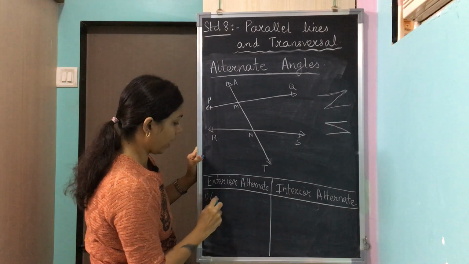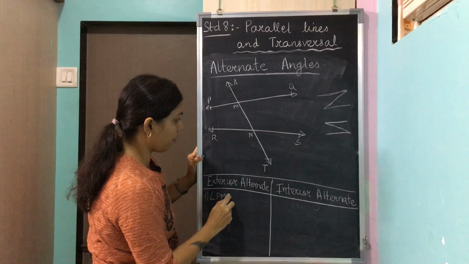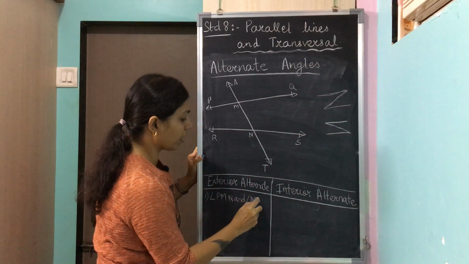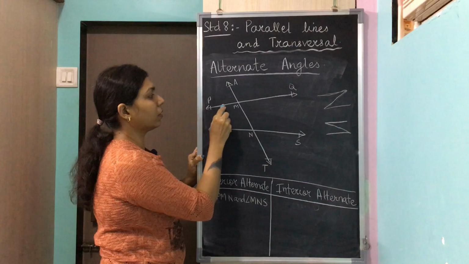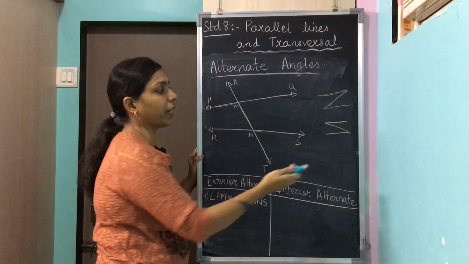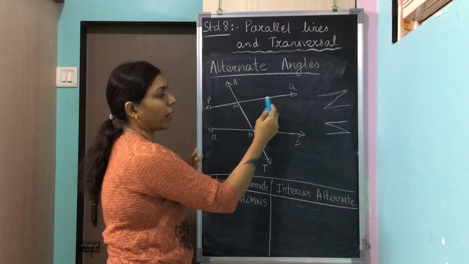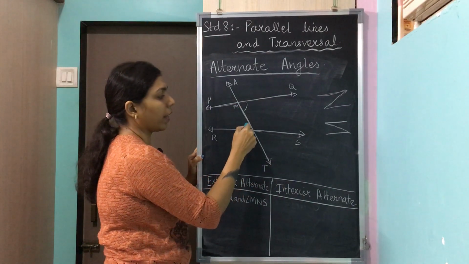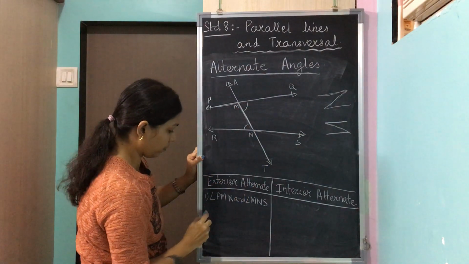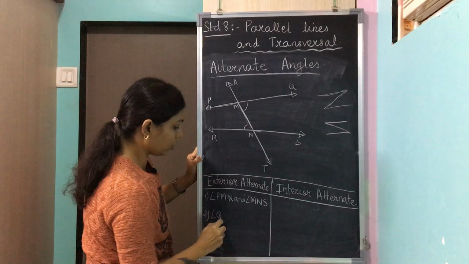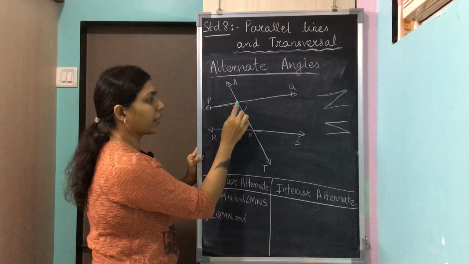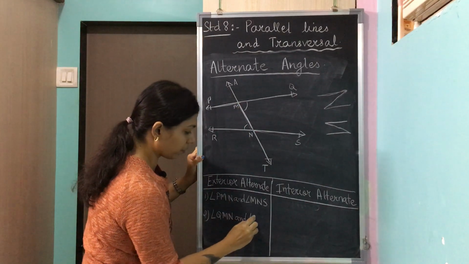So it's angle PMN and angle MNS. These angles are forming a Z formation. And if we have to find an inverted Z formation, if you look at the other side, this angle and this angle over here, so angle QMN and angle MNR.